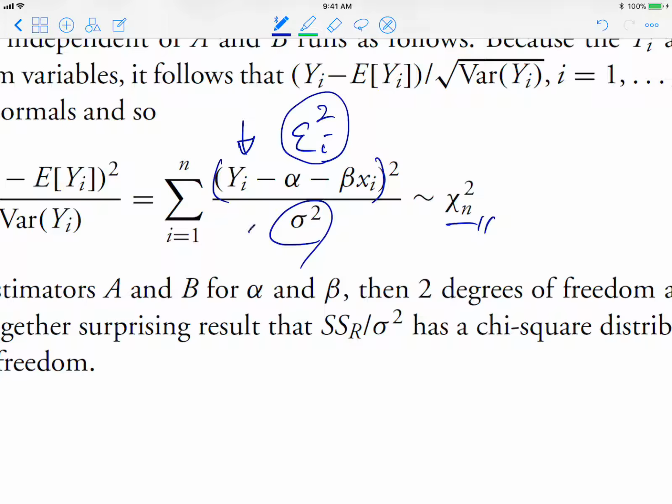But in practice, alpha and beta are unknown values, so we replace alpha with A and beta with B. These are approximate estimates for alpha and beta, and thus they will fluctuate towards the bias that the data created.